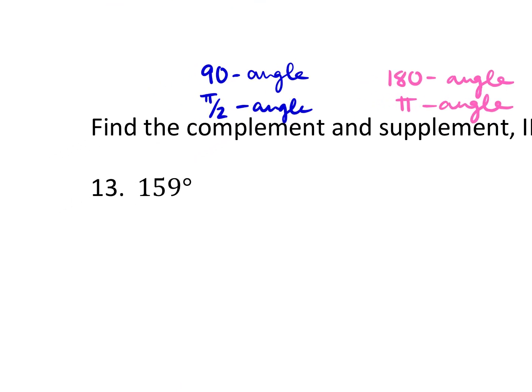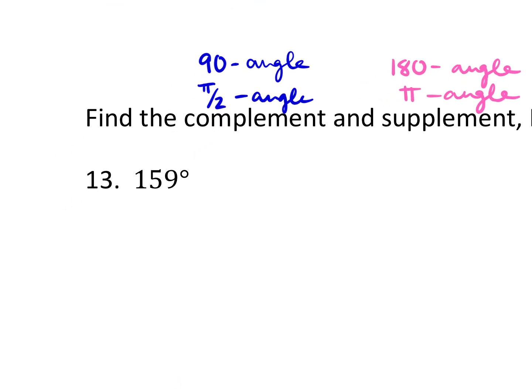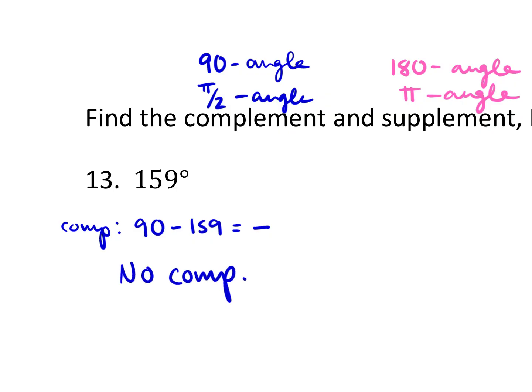So for number 13, how would we find the complement? There is none. Yeah. So we would do 90 minus 159. And we get a negative. Is it possible to have a negative complementary angle? No. Can't be negative. So we would say no complement, or you could say does not exist, NA, none, whatever you want to put.